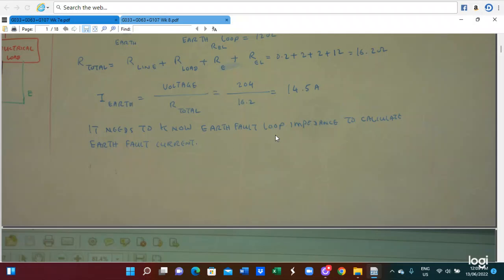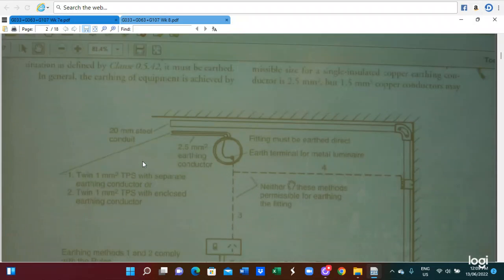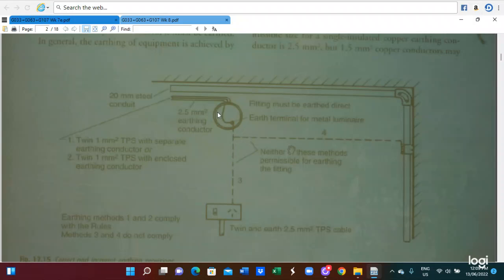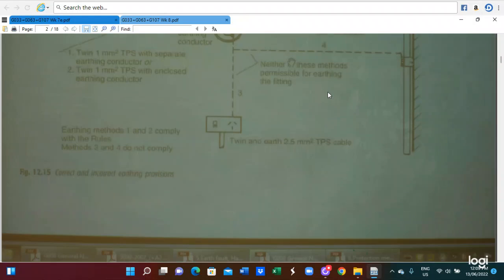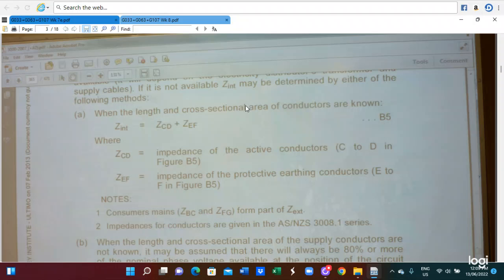You need to know the earth fault loop impedance to calculate the fault current. So this slide shows the connection of the switch, and this is the conductor switch, and this is for the conduit wiring. This is for the length and cross-sectional area of the conductor.